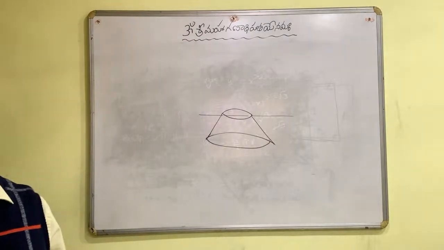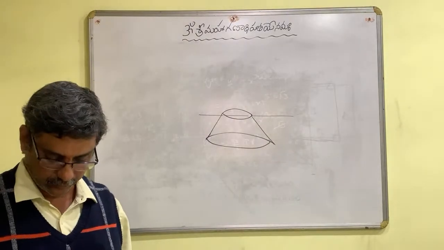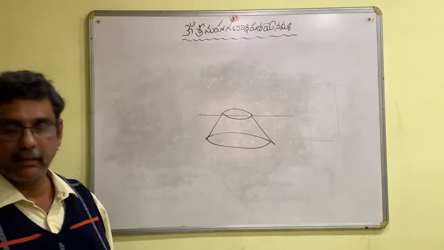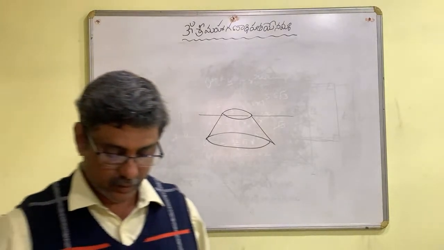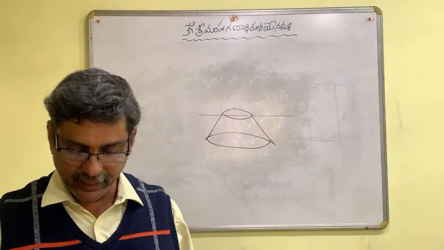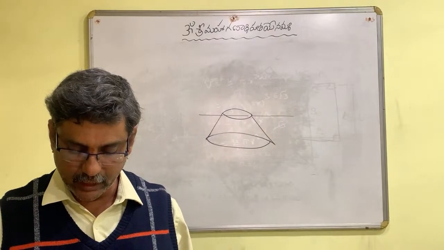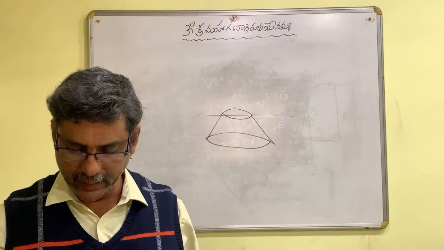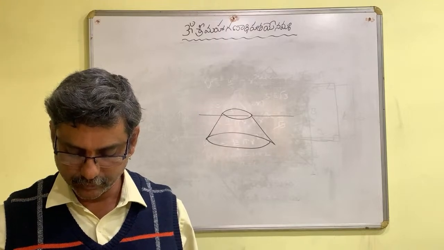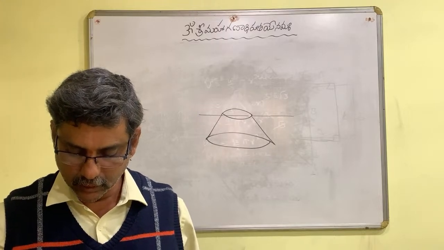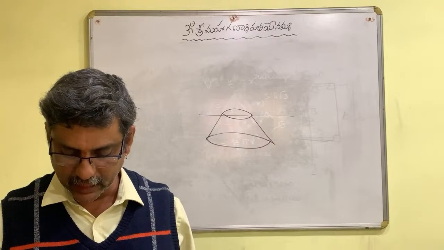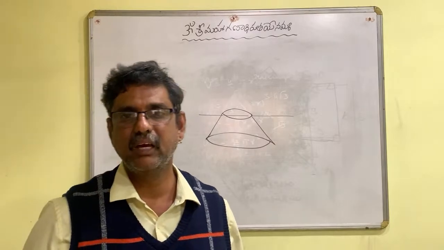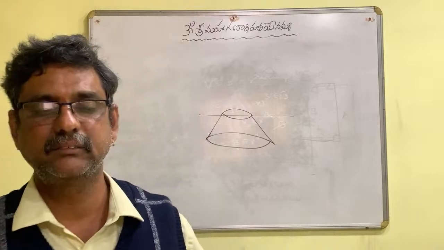Now, question number 14. A diagonal of a rectangle is inclined to one side of the rectangle at 25 degrees. The acute angle between the diagonals is. Yesterday we saw this.